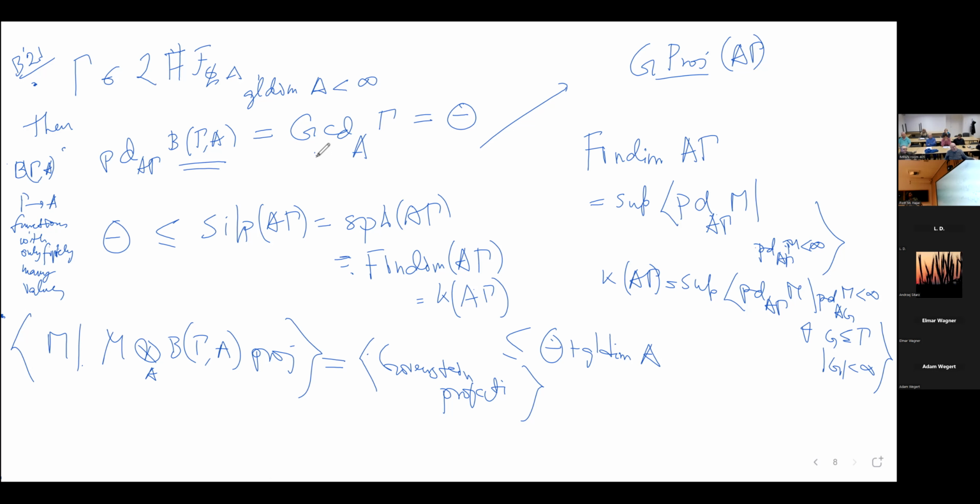I could show in this case that if the big finitistic dimension is finite, then the opposite happens, as in the derived unbounded category is generated by the injectives, the opposite direction.